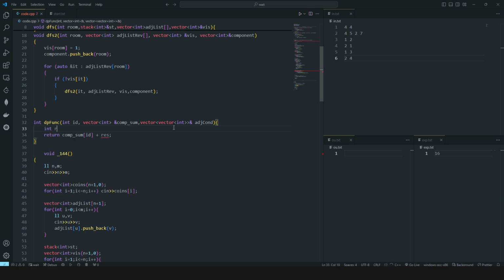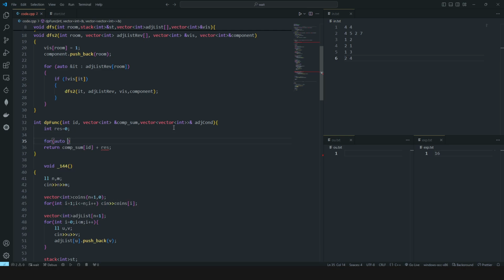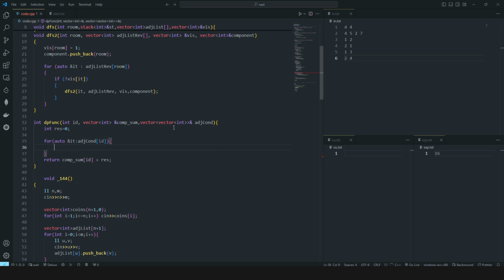So say it is stored in res, initially equal to 0, and we iterate through its neighbors in this condensed adjacency list for this ID. Whatever nodes it is connected to, I just want to maximize our result.